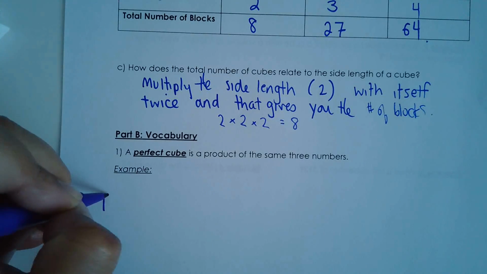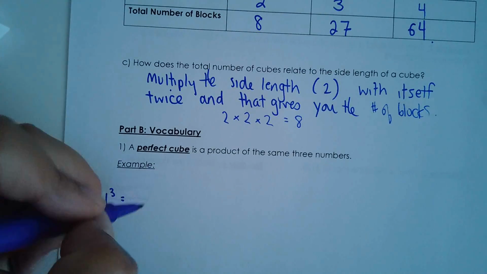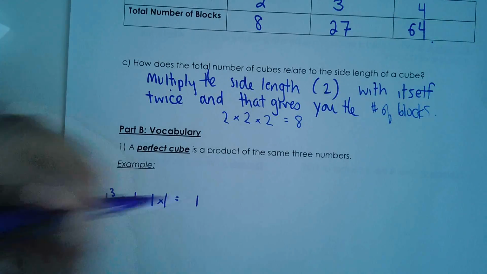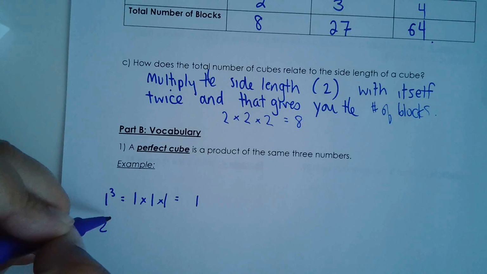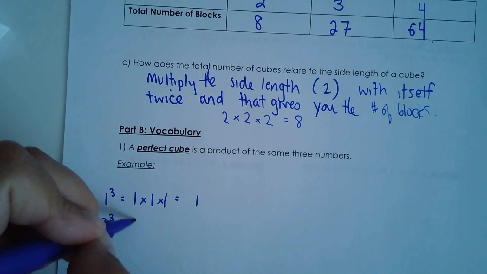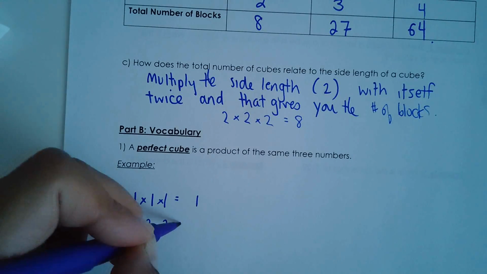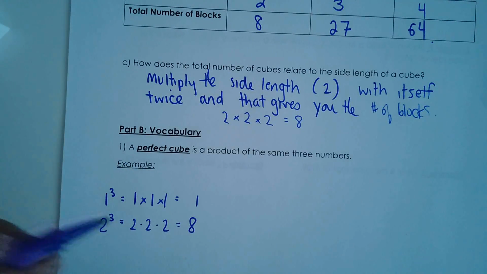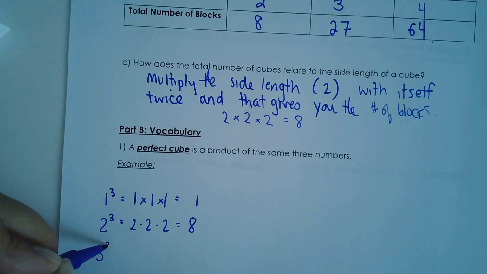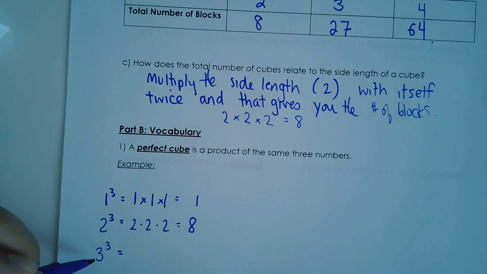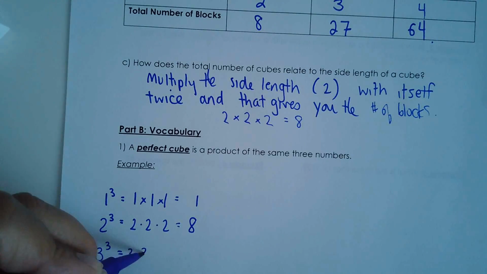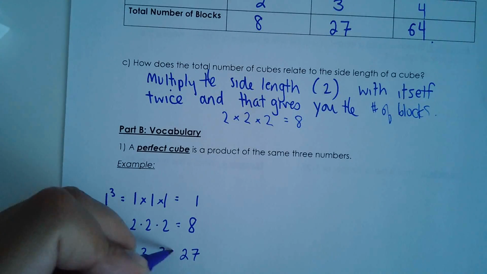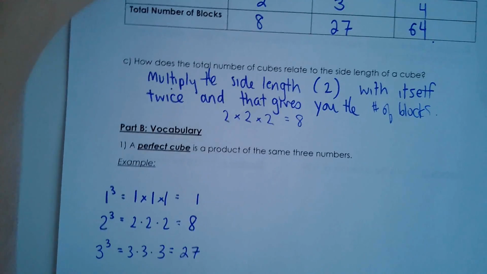So we can go 1 times 1 times 1, which is 1. And we can go 2 cubed, so 2 times 2 times 2, which is 8. So 8 is a perfect cube. And we can see what happens. 3 times 3 times 3, which is 27. So 27 is a perfect cube.